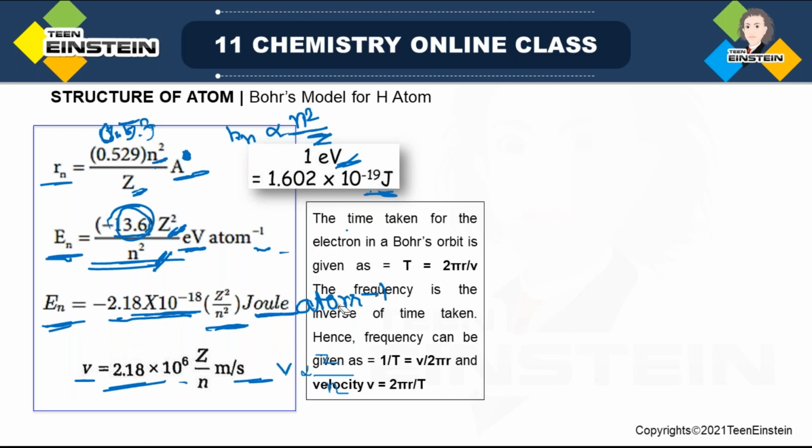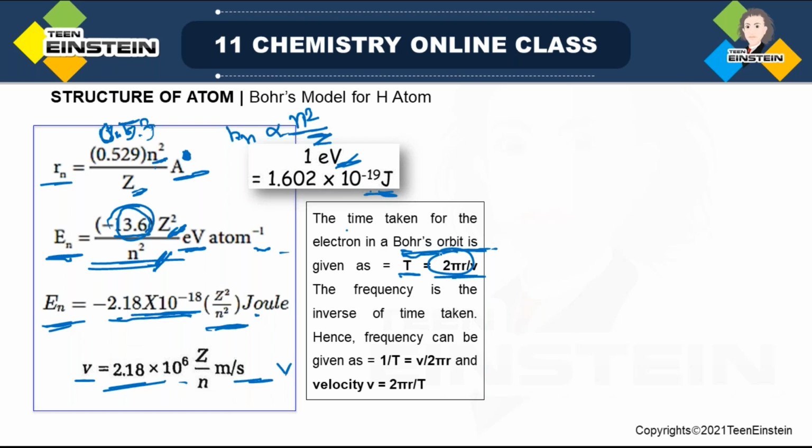Now some more information regarding velocity and frequency that you can see here. Time taken for a particular electron in Bohr orbit, this is time T, capital T, that is actually equal to 2 pi r divided by v, where v is velocity. Now what is 2 pi r? In a circular path, it is the value of circumference, the formula that we use for any circle.